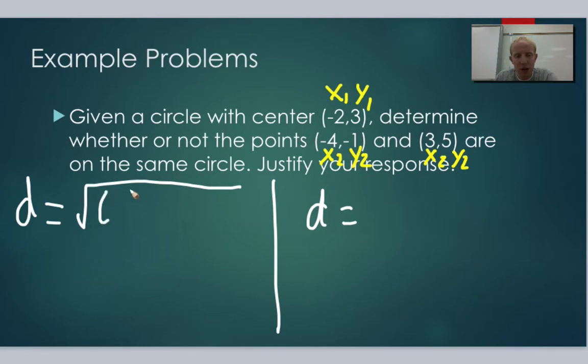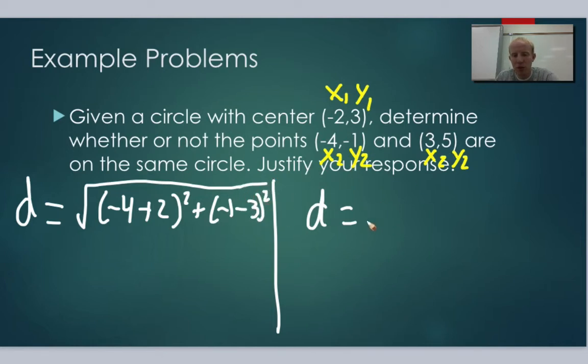So x2 minus x1 for the first one is going to be -4 minus a -2, or plus 2. And then y2 is going to be -1 and y1 is going to be 3. That's our first formula.